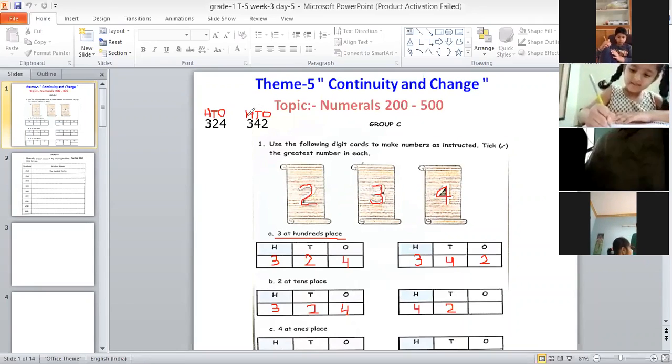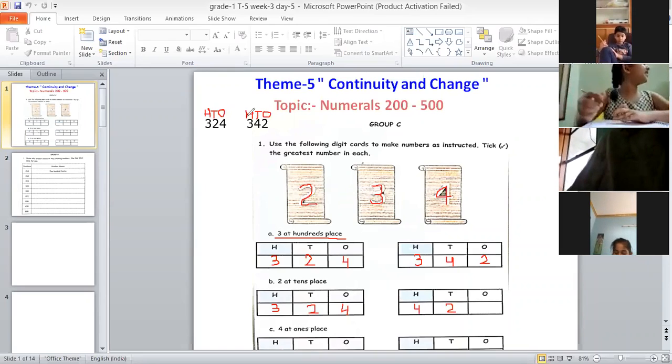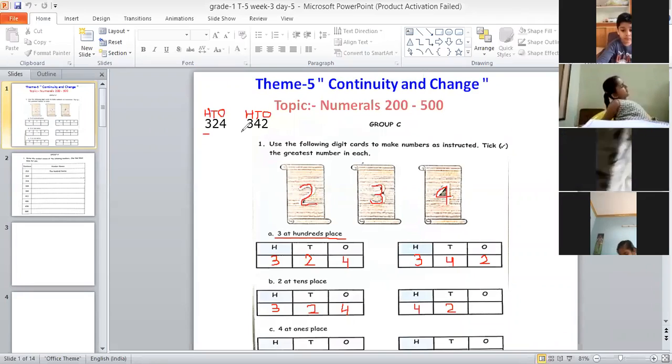Now, according to the question, we have to take the greatest number. So we have to compare the numbers here. We always start comparing the number at hundreds place first. If I talk about number 324 at hundreds place, I have 3 here. And in 342 at hundreds place, I have 3 here again.